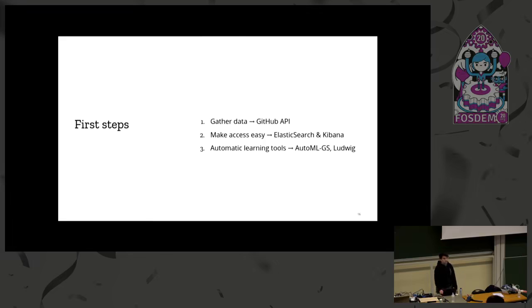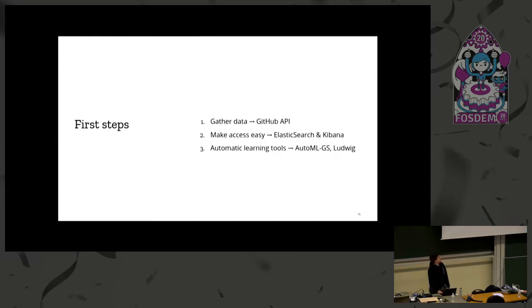After we figured out what we needed to achieve and what the data looked like, we did some research, and we figured out there's a big ecosystem around automatic machine learning tools. Two of the most popular ones are Ludwig from Uber, which got a bit of hype because it's Uber, a big company that's using TensorFlow.